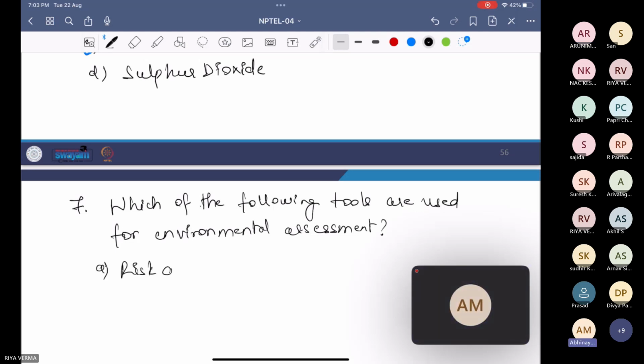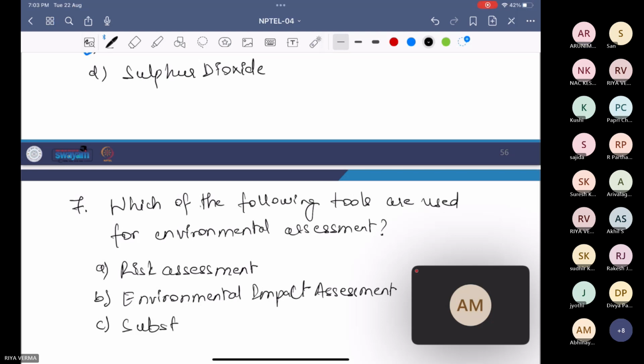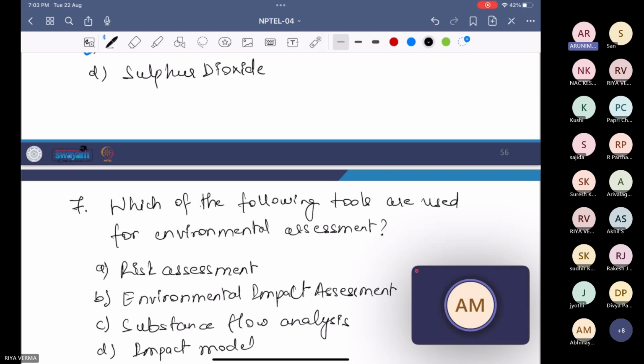A is risk assessment, B is environmental impact assessment, C is substance flow analysis, and D is impact modeling.